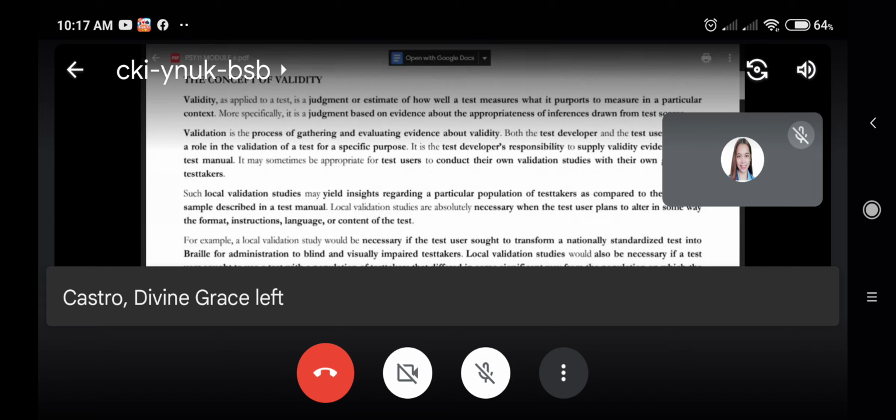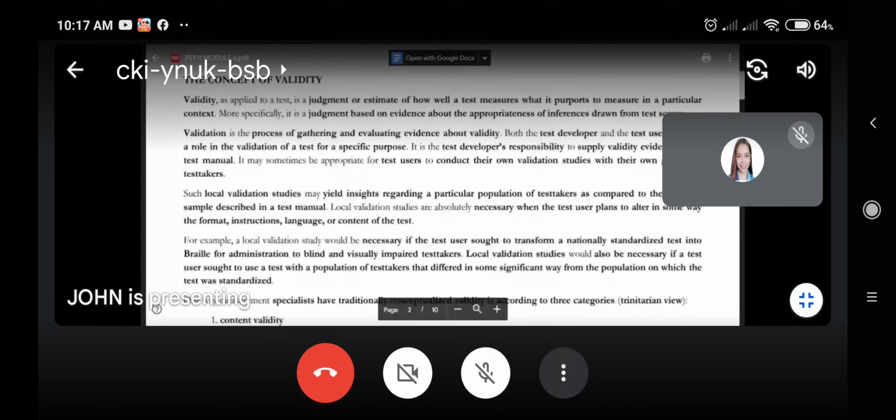So same goes with the test manual, that there should be a specific portion in the test manual that talks about the validity of the test. Otherwise, bakit bibilhin yung test mo kung hindi naka-specify doon or walang proof na valid yon? So parang it will just be a waste of money kung bibili ka ng test na hindi valid.